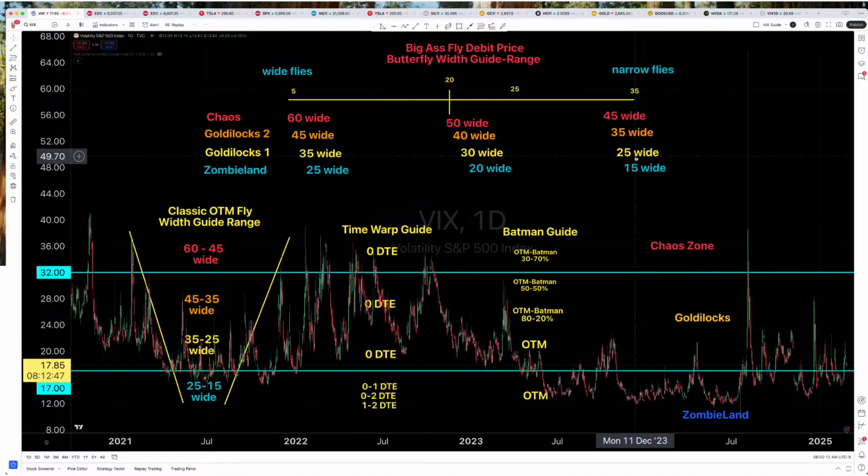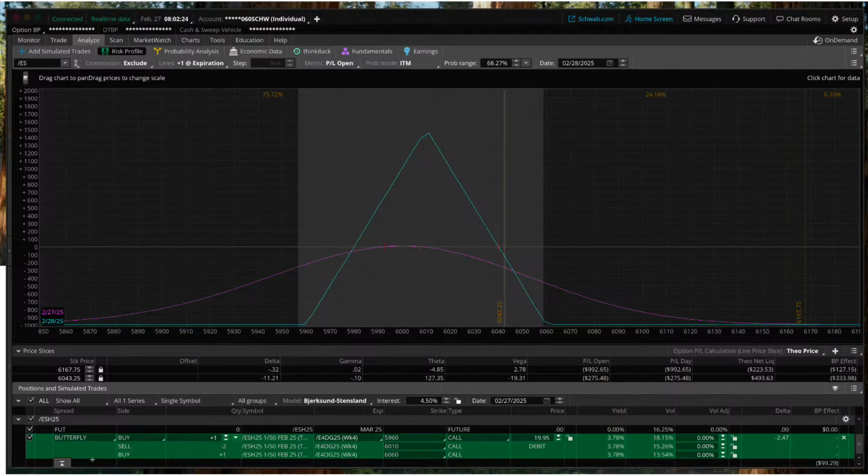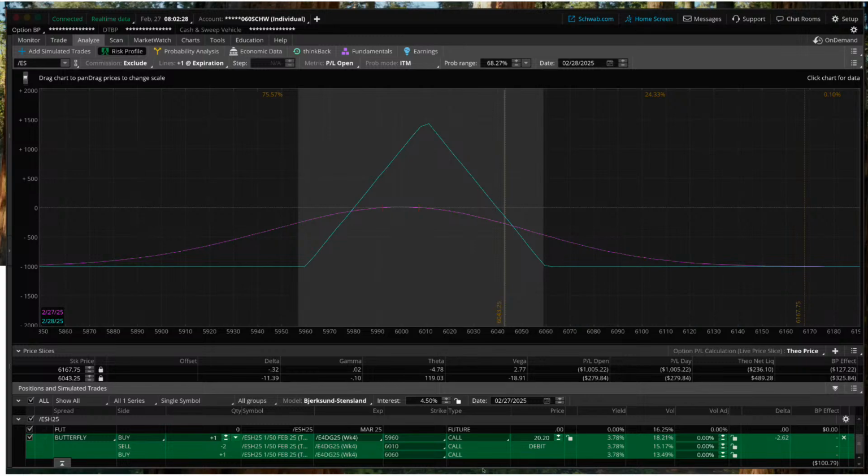And we're going to look at whether or not we should be 25, 30, or 35 wide by going to the big-ass fly. Love saying the big-ass fly. So we will go off to Thinkorswim, check out our at-the-money E-mini S&P futures, and see where it lies right now. And we can see that the big-ass fly is a 50 wide at the money.